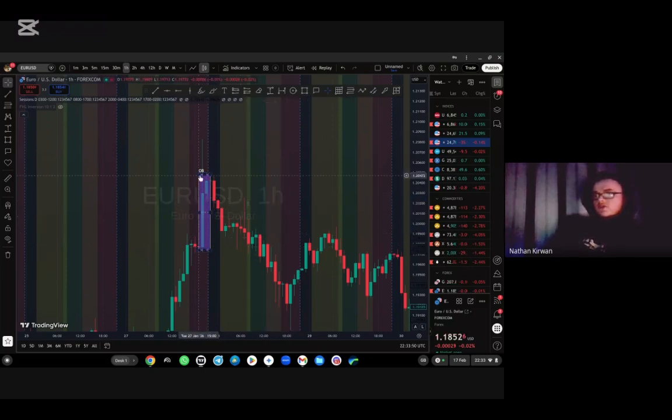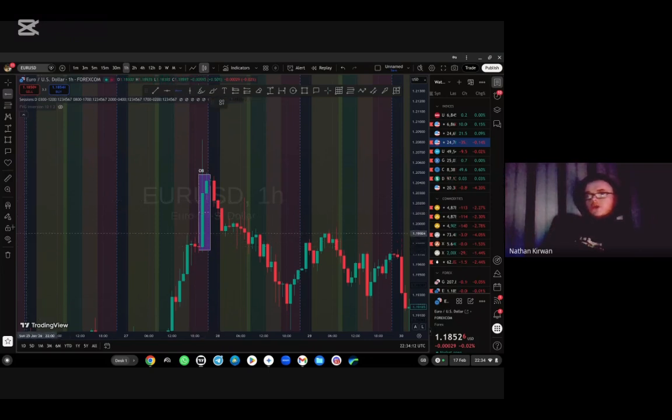This is your last consecutive up candles before price broke down and broke structure and then swept down there as well. So when institutions are placing orders, they have to buy to sell. They have to generate liquidity, they have to make people think that price is going up so that they can sell.